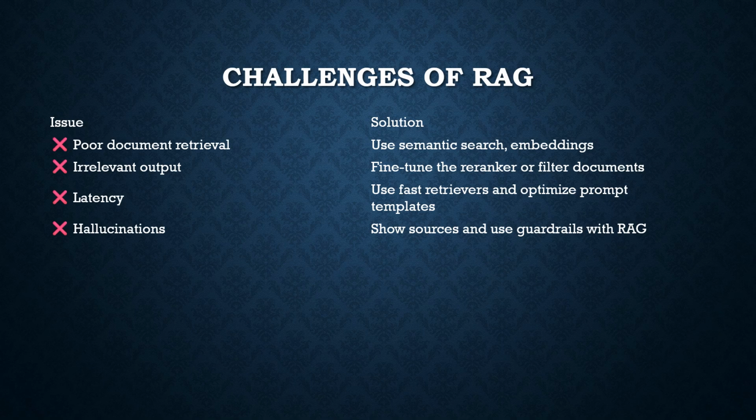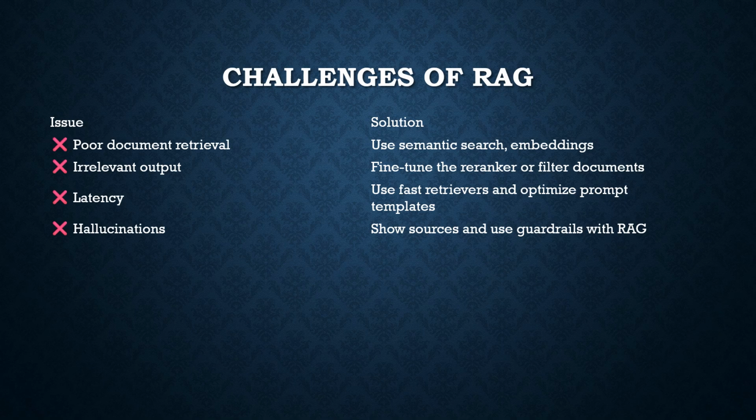The issue is poor document retrieval, since it is using semantic search and embedding. The challenge is that if document quality is not good, or the documents are not in the correct form, then it may provide wrong information.